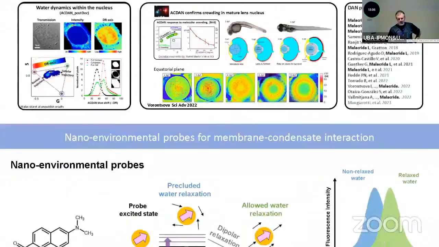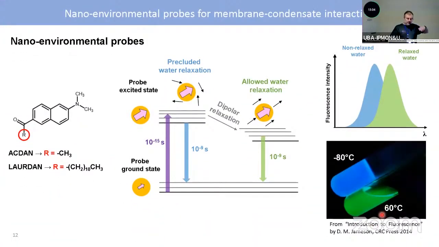But just to remember what I already said the other day about these fluorescent probes. These are very interesting because when they get excited, they enlarge the dipole moment, and the dipole moment can be used to sense the polar active molecules around it.